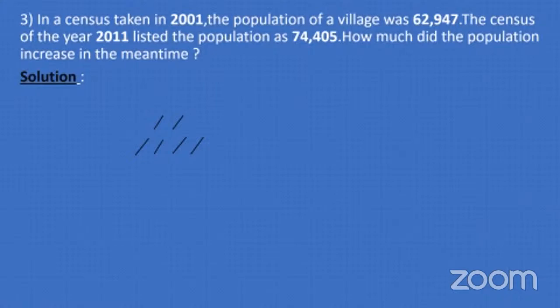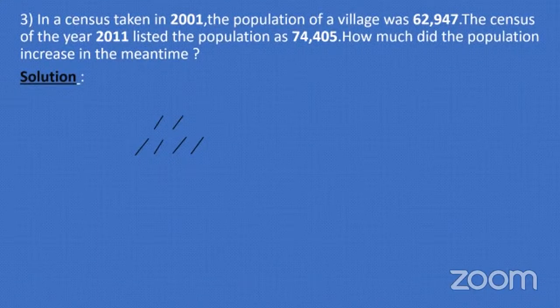Do you know the meaning of the word census? Census means counting the population. How many people are living in that particular area or our country, that is called a census.